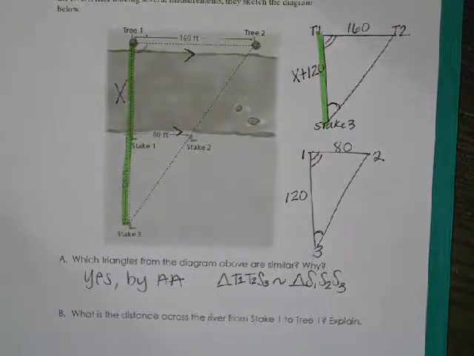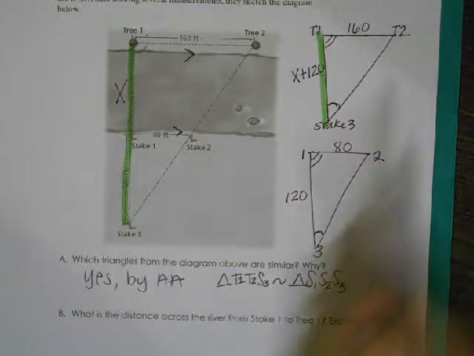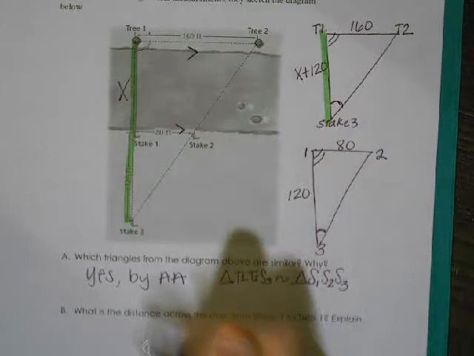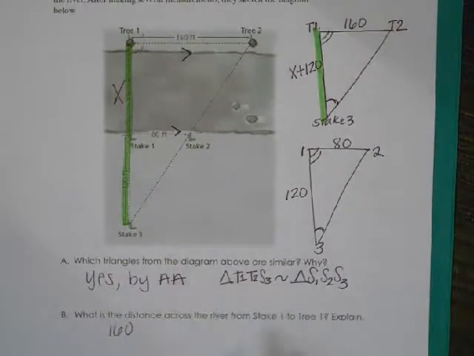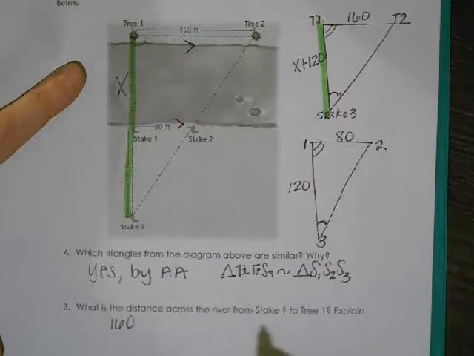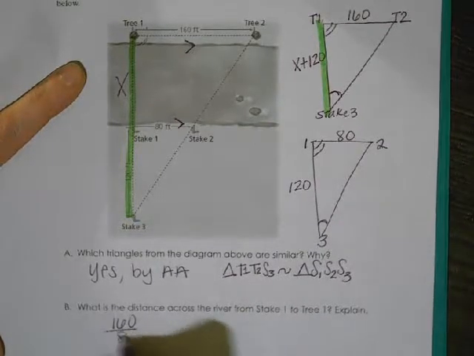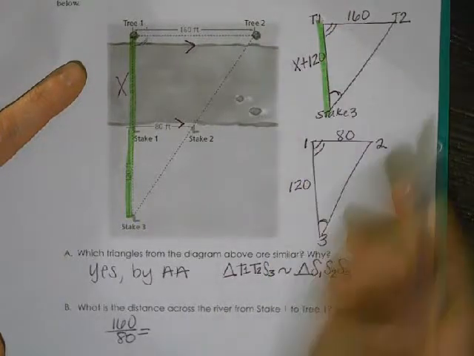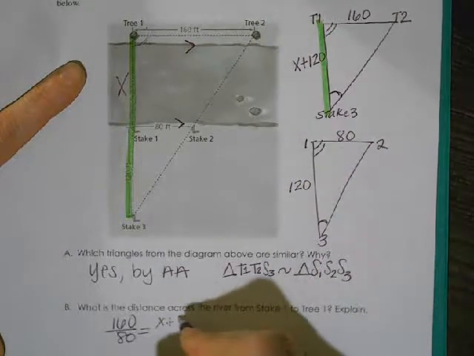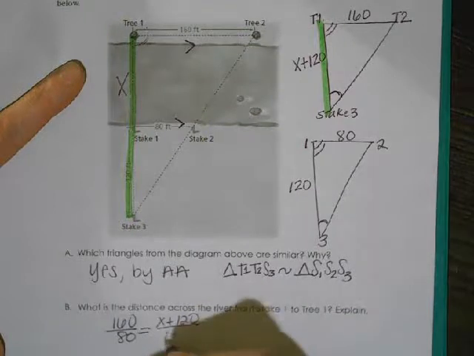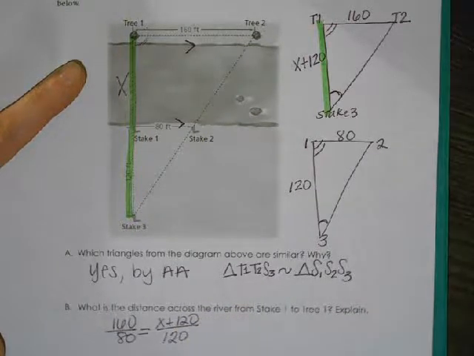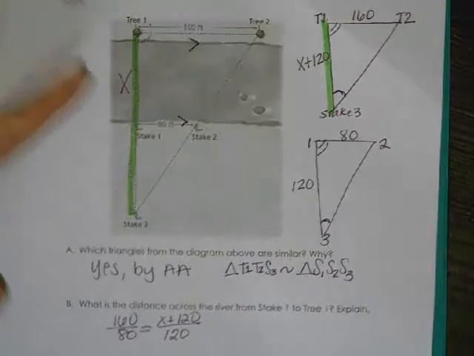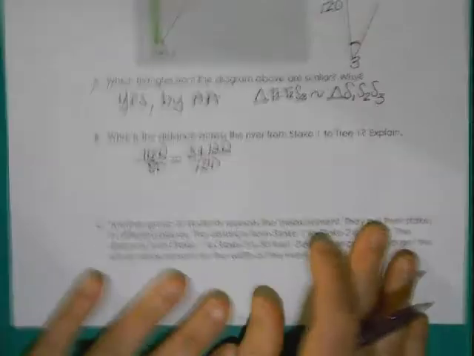And now we can just write ratios of corresponding parts. So 160 to 80, I guess I'll have to just write small. 160 over 80 equals x plus 120 over 120. Make sense? And then we're just going to cross multiply and solve.